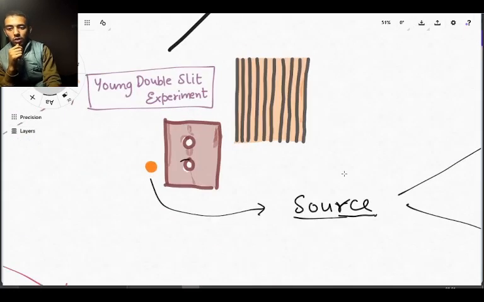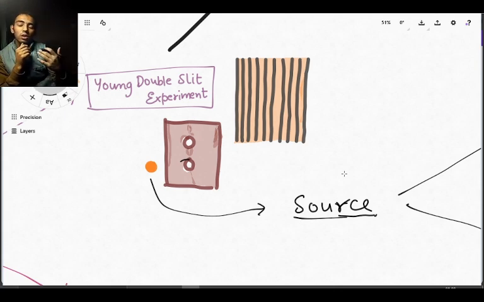It goes through two slits, and after going through these slits, we see a pattern where there is dark somewhere and light somewhere. It requires a specific source of light so we can create this pattern.